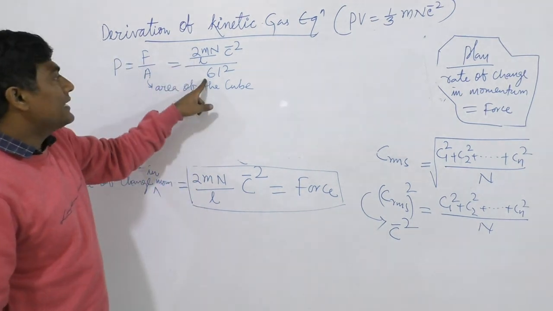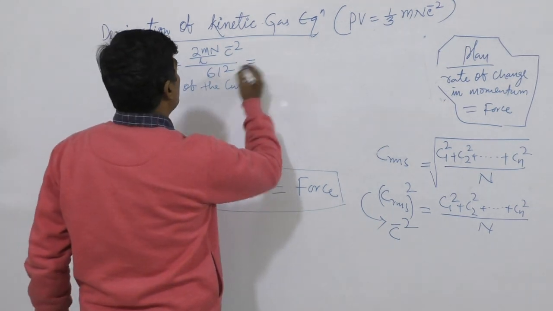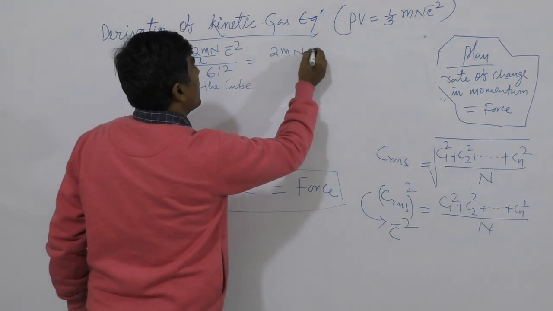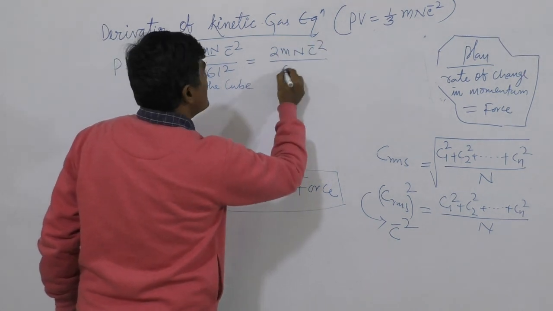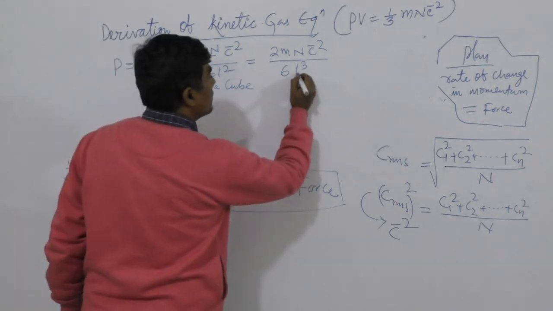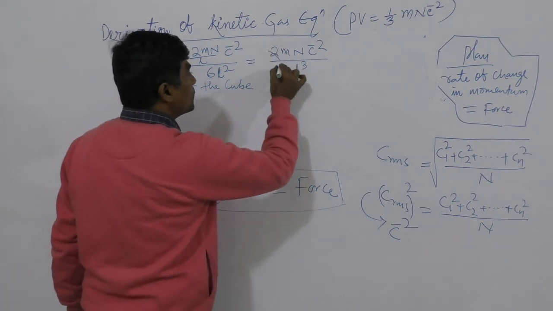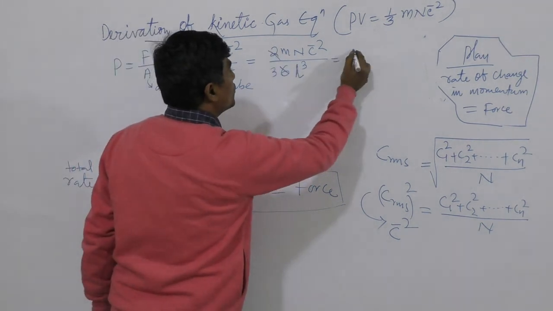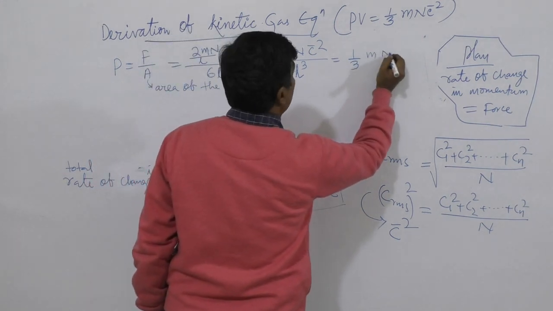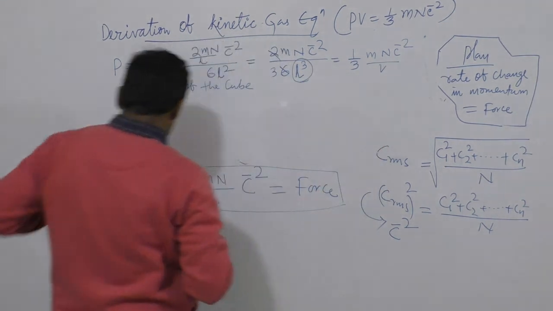So force by area gives 2mN C bar square by 6L cube. Cancelling, we get 1 by 3 mN C bar square. This L cube is nothing but the volume V.